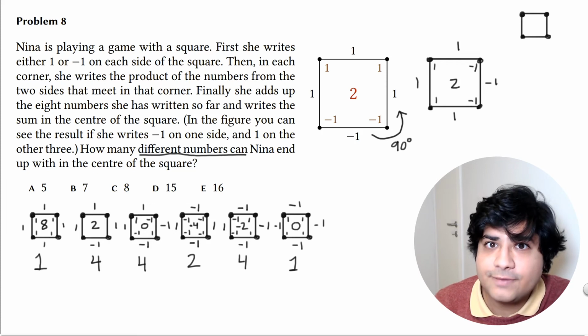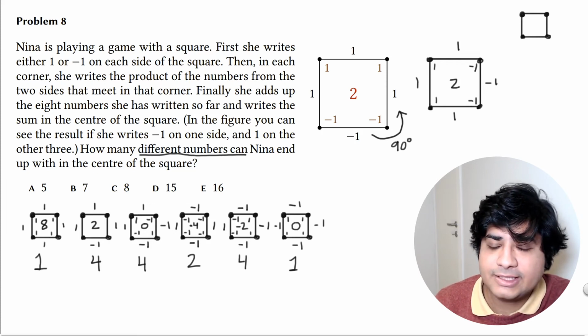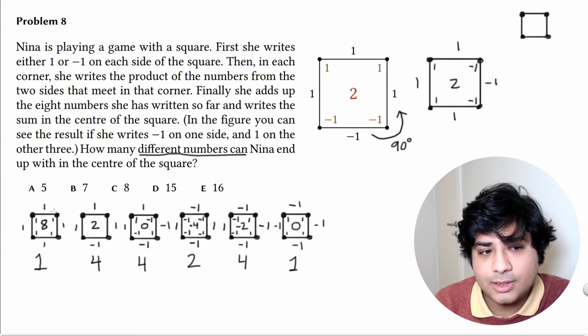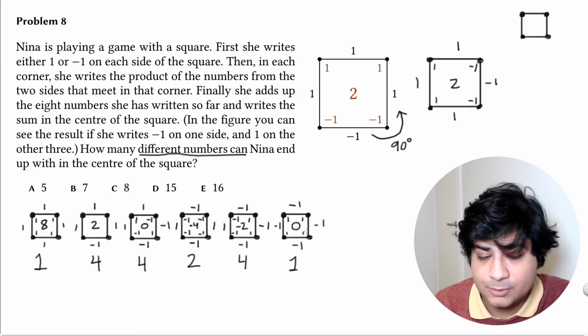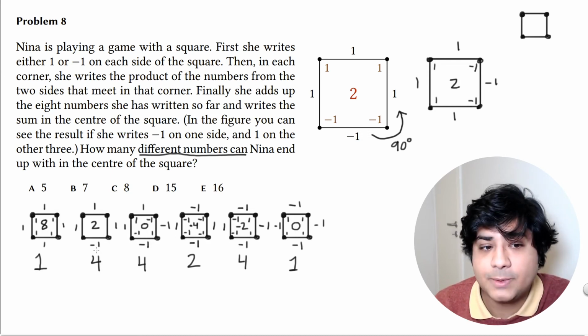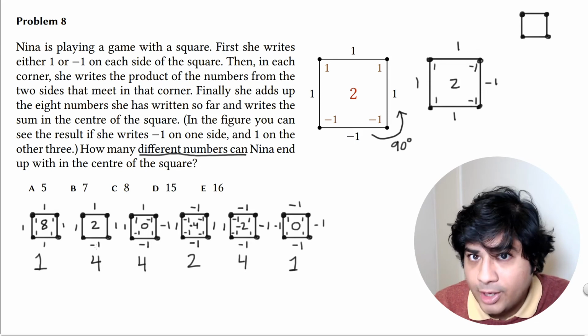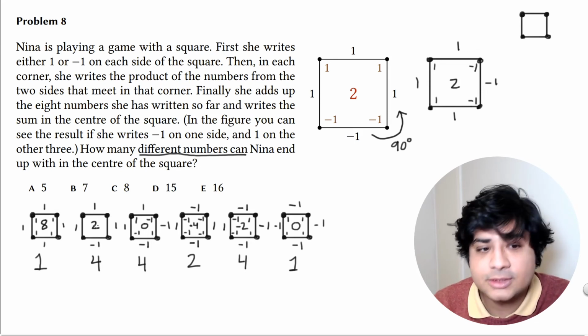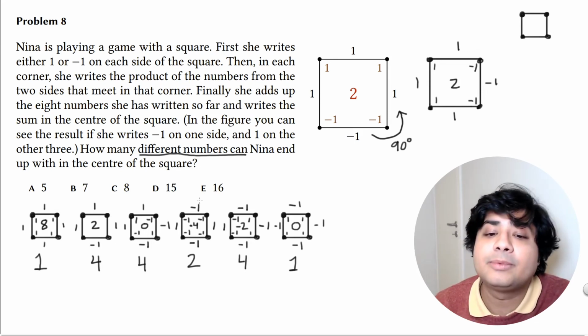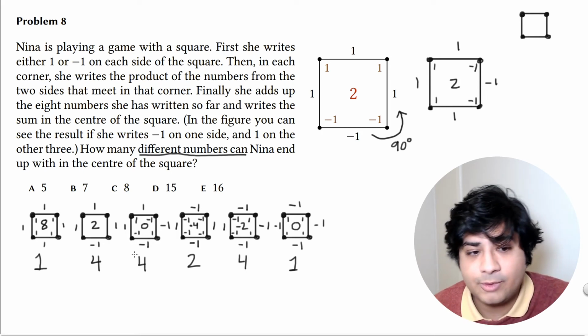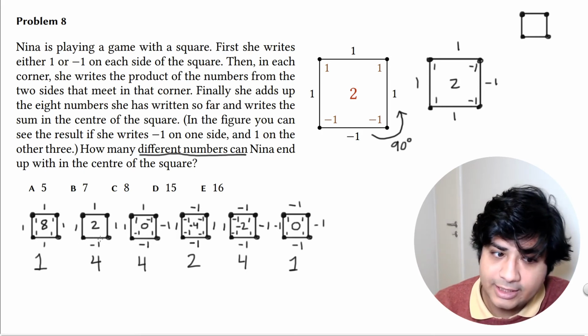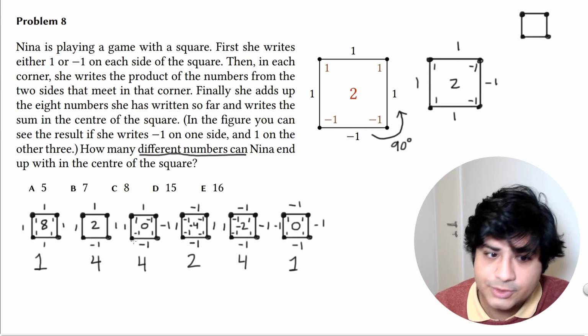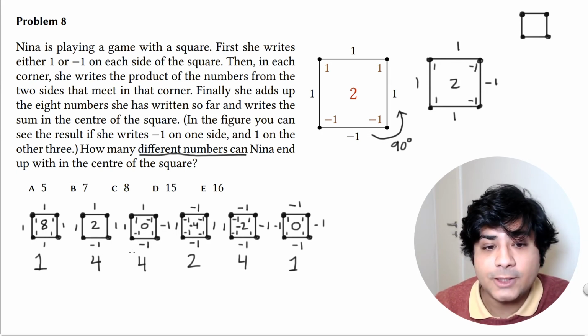Does that cover everything? Let's think about this. So we got all the 1s here. Then the all -1s. There's only 1. Pretty simple. Then we got a -1 and the rest 1s. And then we're slowly building up to the opposite of all -1s. So let's see if we counted everything. -1, 4 of those, 2 negatives, 4 of those as well.